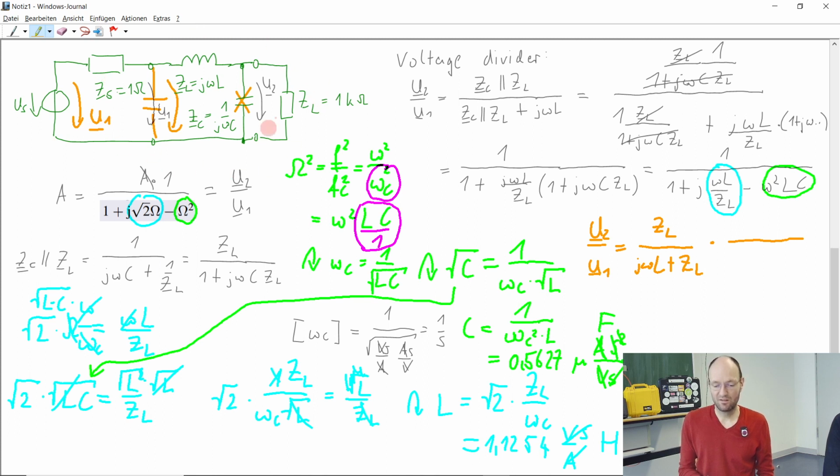And so here, we get the equivalent impedance of all this. This is ZC parallel to j omega L plus ZL.